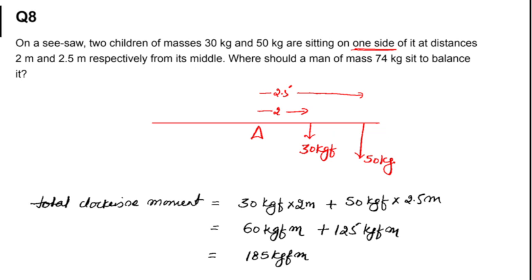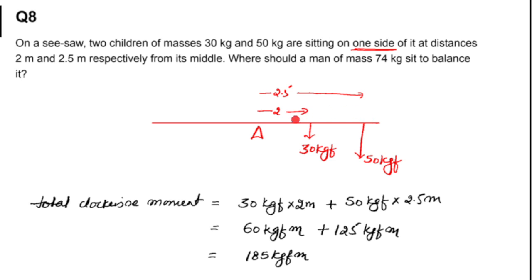So what I have shown here is the 30 kg mass will exert a force of gravity vertically downwards of 30 kilogram force. 50 kg will be 50 kilogram force. Now we have to make a person sit here. At what distance should he sit, because the mass is given as 74 kg, so that he balances.